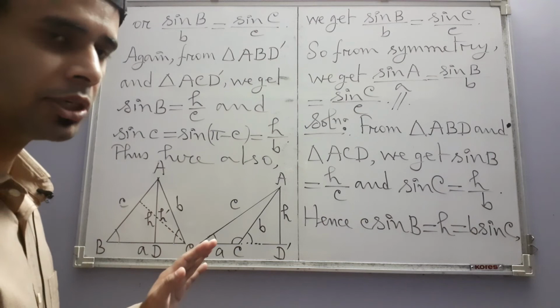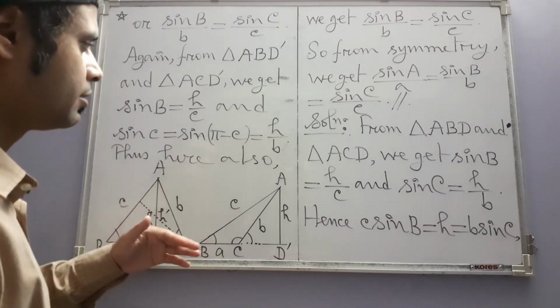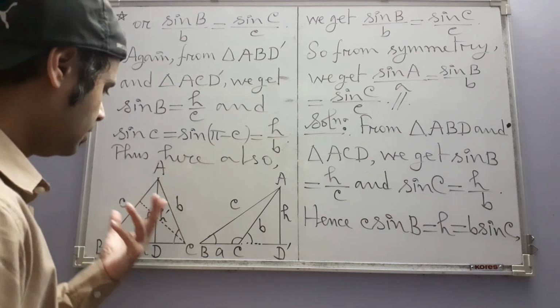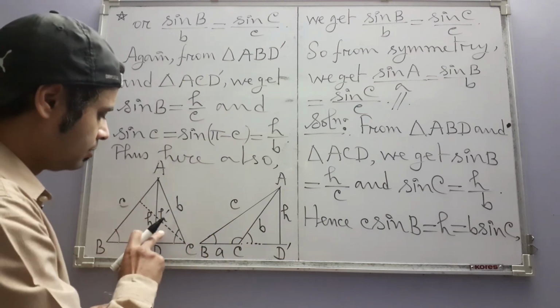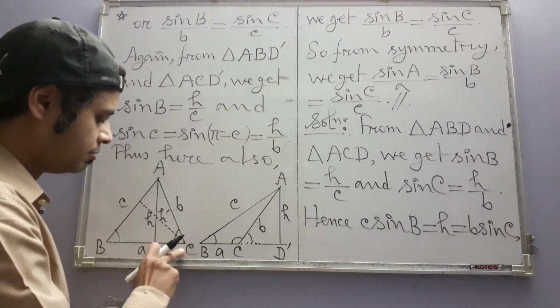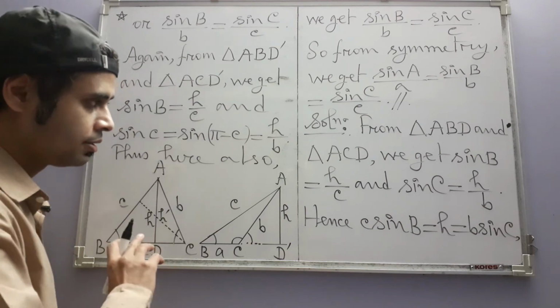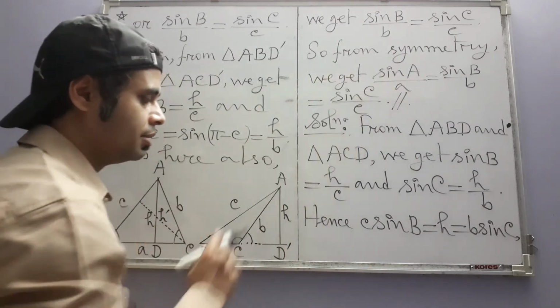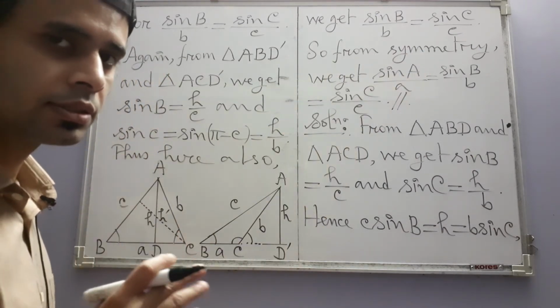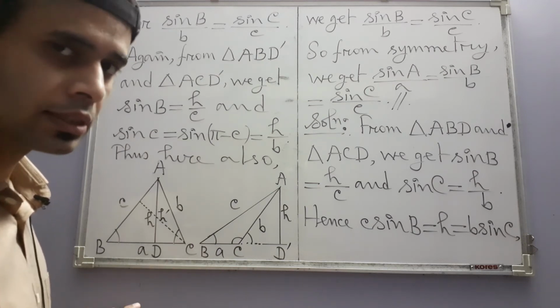Not that kind of symmetry, but the symmetry in the argument, in these two arguments that you would have if you also do the other one. Why are the two arguments exactly similar to each other?